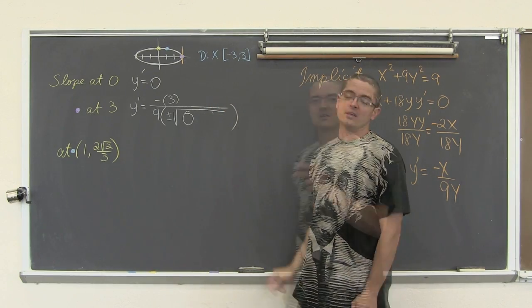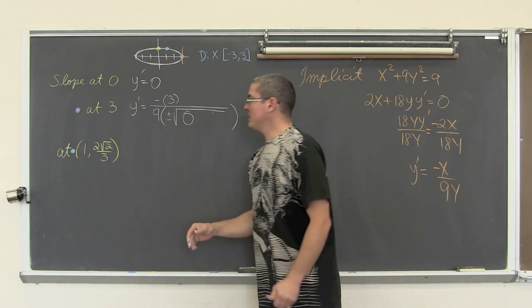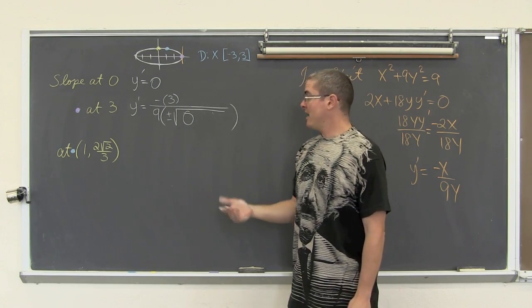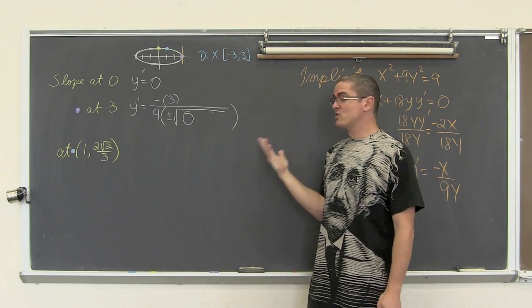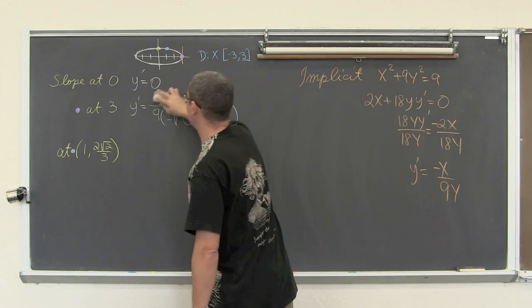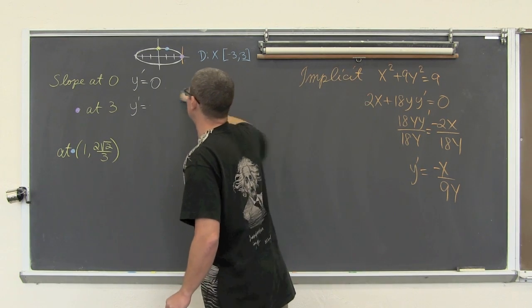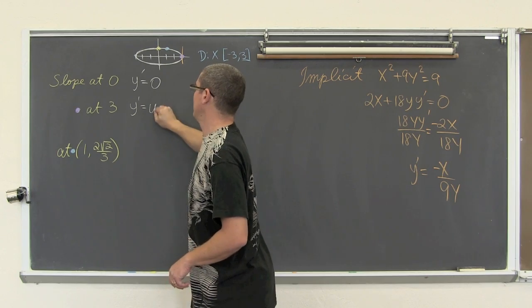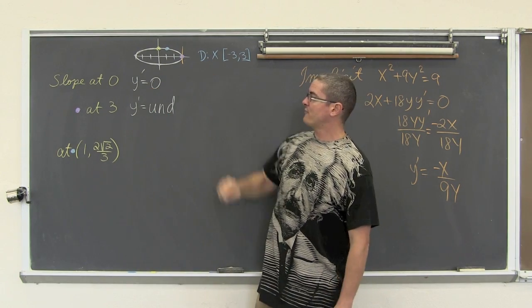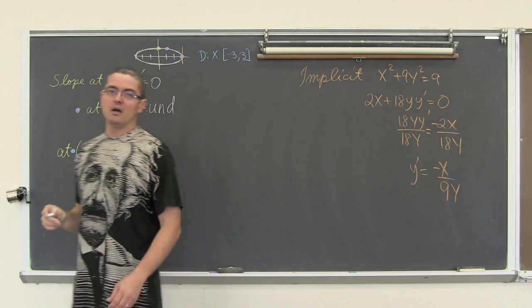We shouldn't be disturbed because vertical lines have a slope that's undefined. And so our derivative comes up with us trying to divide by 0, which we know, of course, is undefined.